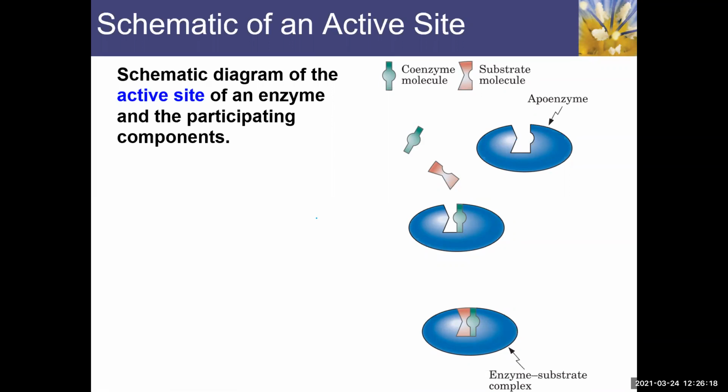Now, very important, everybody pay attention. There are certain terms which you need to know. What is the difference between a holoenzyme and an apoenzyme? What is a holoenzyme? Holoenzyme means whole, everything. So a holoenzyme is an active enzyme.